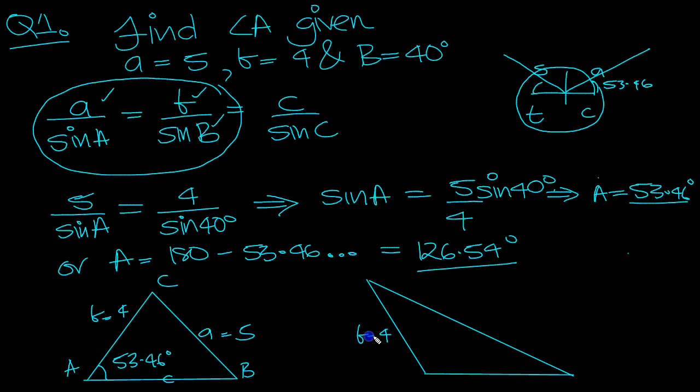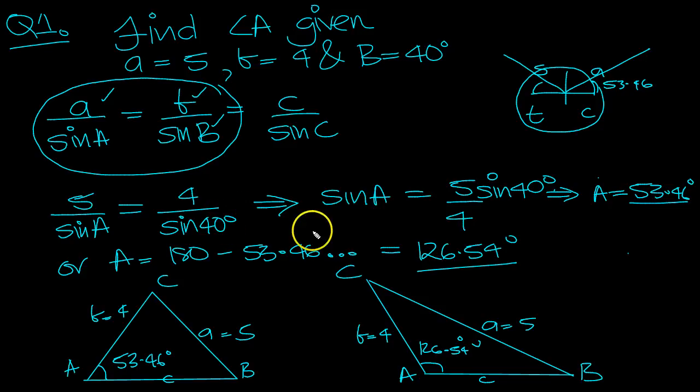Badly drawn, I know. It's not drawn to scale. A is 5, so it flips over the other side this time now. Instead of being there, it goes to the other side of it. And then C, this angle here is 126.54 degrees. That's angle A. And that's the other possibility that we mentioned. That comes out of the algebra.